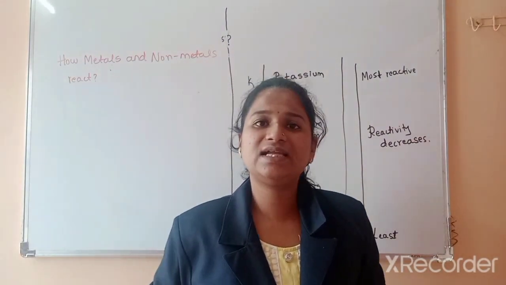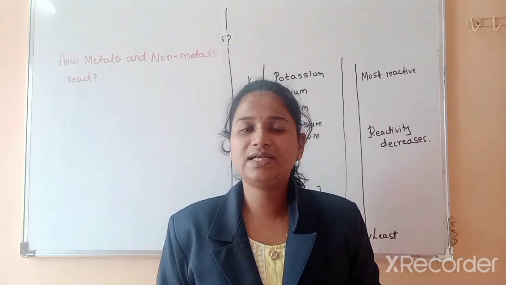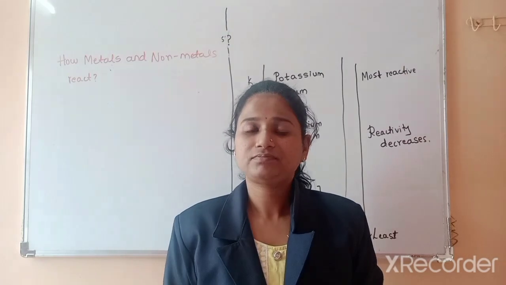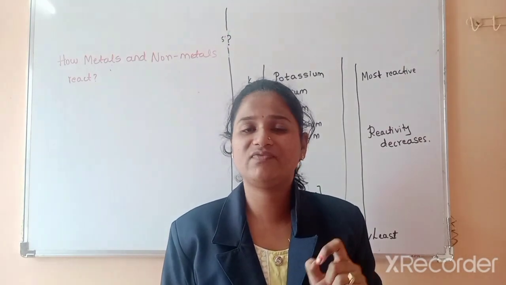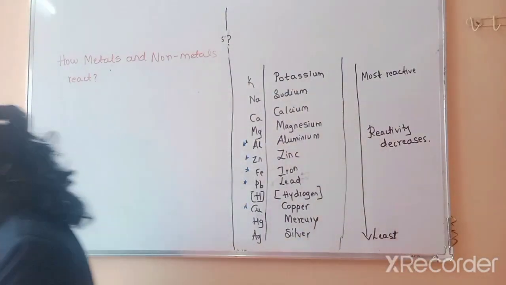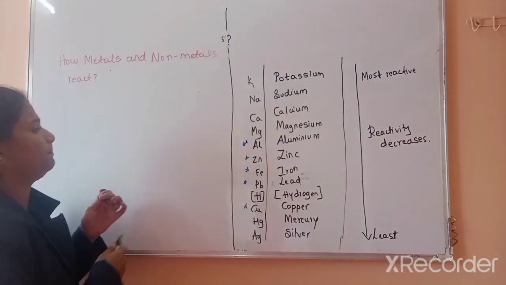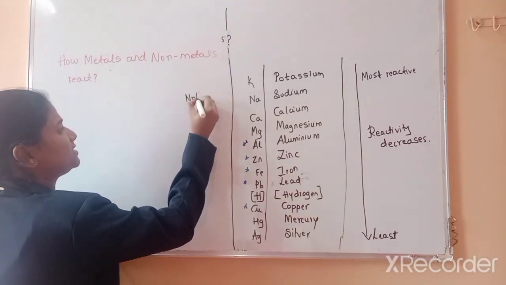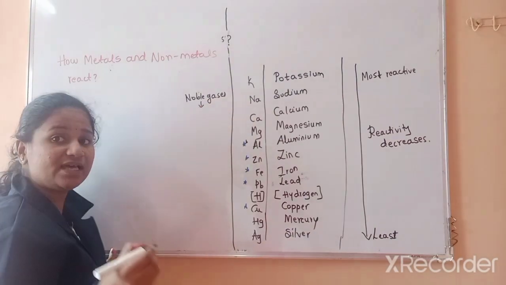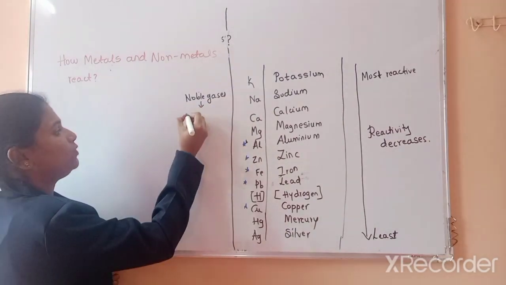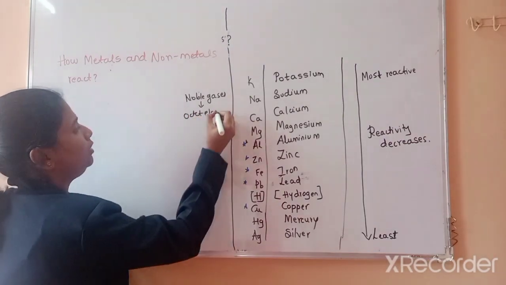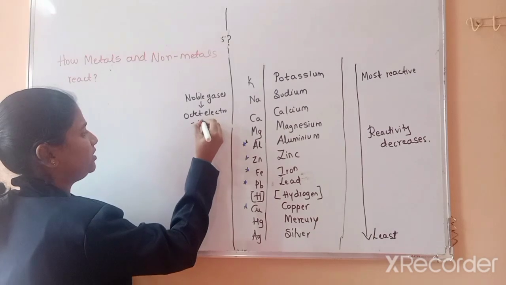In 9th standard, you learned about electronic configuration. It is nothing but writing the number of electrons of an element. We also learned the concept of noble gases. So what are noble gases? These are very stable and have octet electronic configuration.